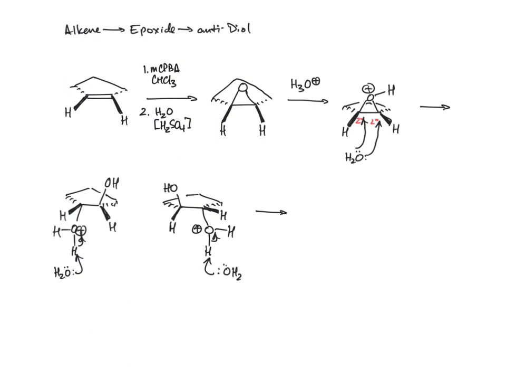And again, this is happening equally because there's nothing to discriminate amongst the different faces from attack. So we end up with a pair of enantiomers. And again, these are diols.